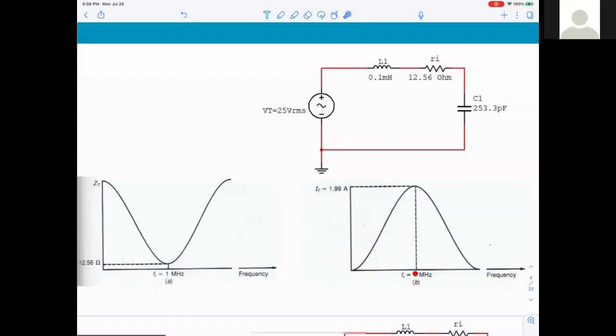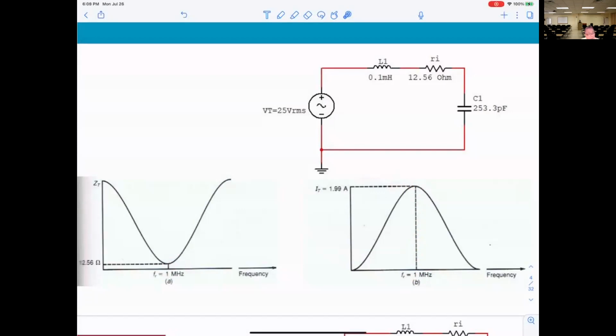That means at this frequency XL and XC are equal, so they cancel out. You don't have any reactance, only a single resistance. That's right here.